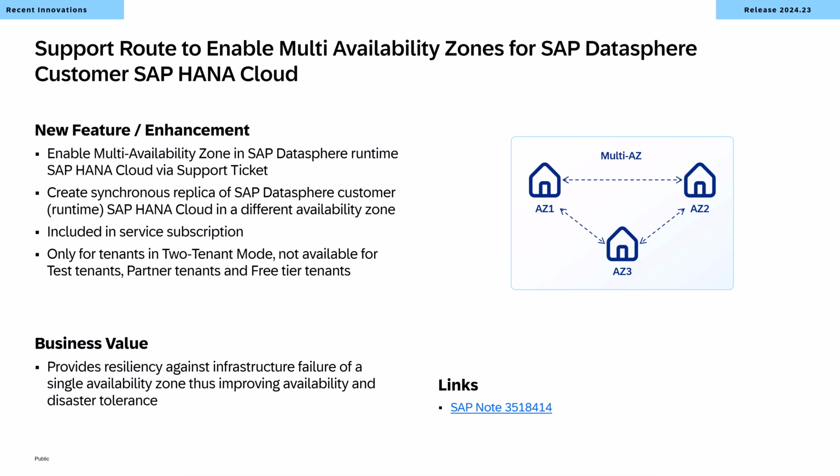So it can automatically switch over to other availability zones within the region of your data center. It enables an asynchronous replica of the customer HANA runtime and allows that feature for you to give you more resiliency. With that, over to Amok for another new topic on the system monitoring side.